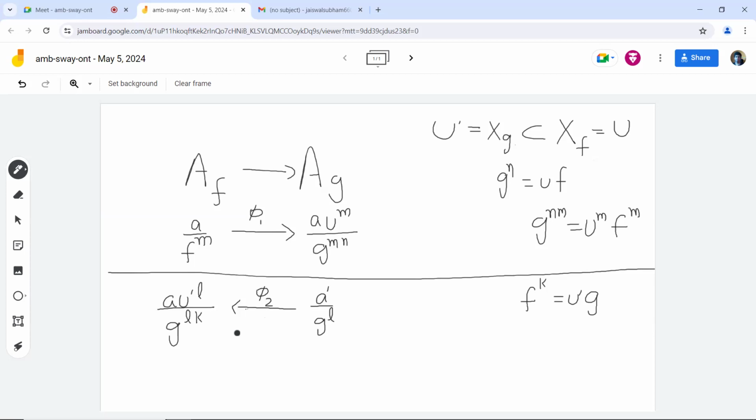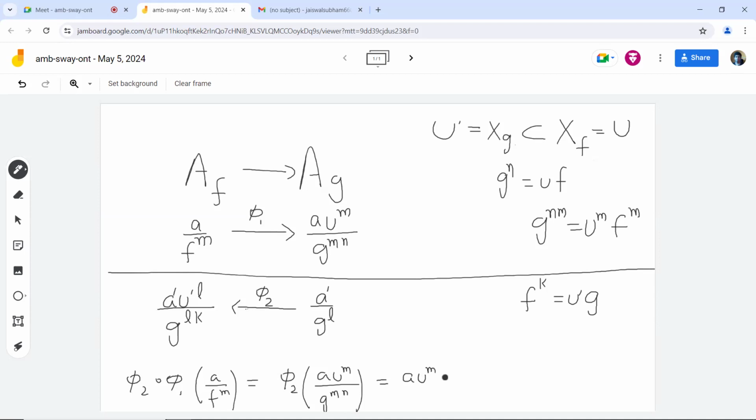Let's compose and see. So phi 1 composed with phi 2 of a by f to the m. So that is phi 2 of a u to the m g mn. So this a prime is this. So there is a prime.